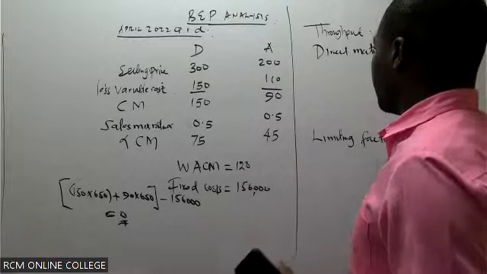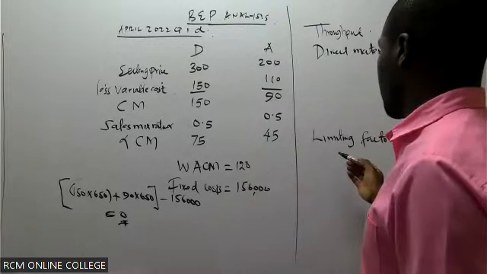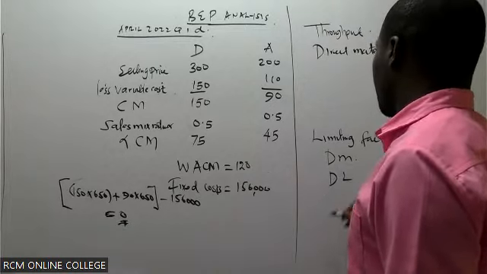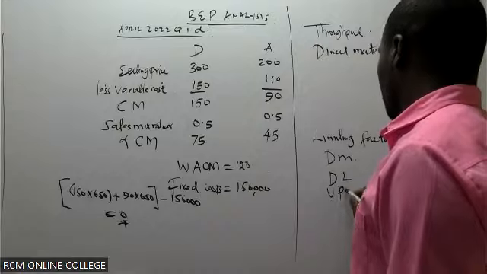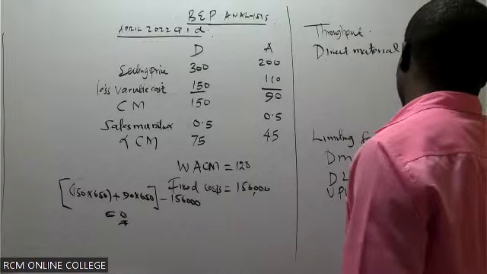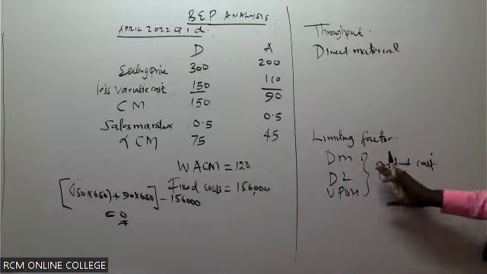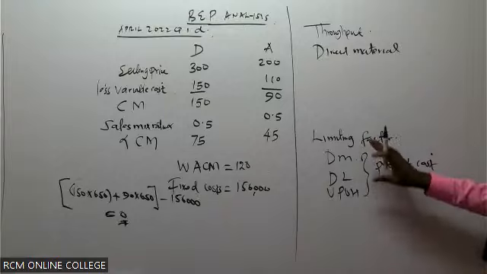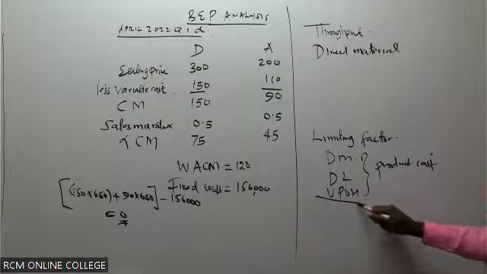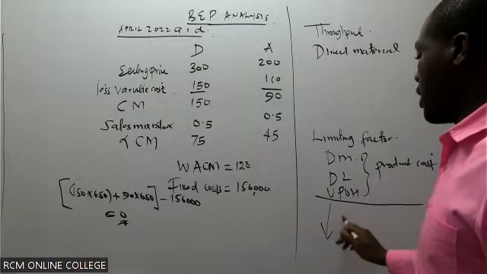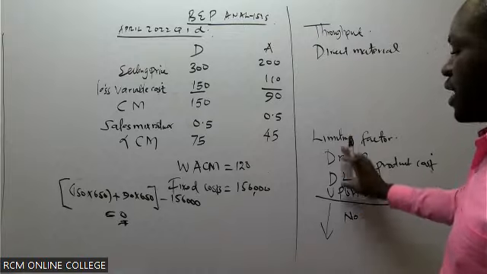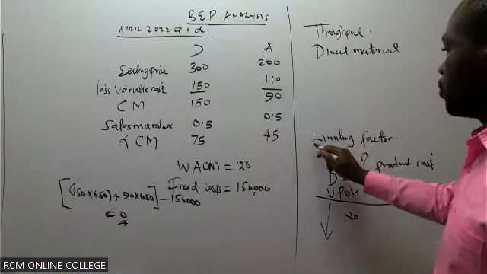Under the limiting factor here, based on the question that you're going to see on Sunday, you'll be able to see that direct material, direct labor plus variable production overheads will be forming part of product cost. So we are going to use this for us to be able to get the limiting resource. So these items that you're going to use in the production of, let's say item A, these ones form part of the product cost, and then you get the non-production cost, the fixed cost, that do not relate directly to the product cost. So this is what we are going to do on Sunday.